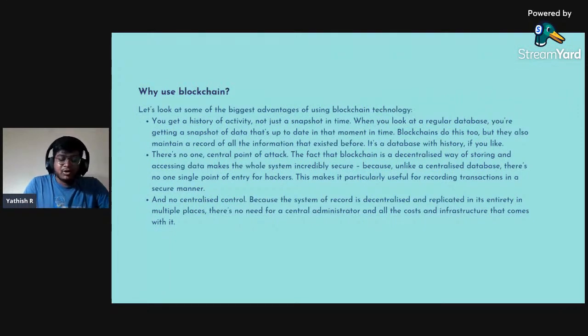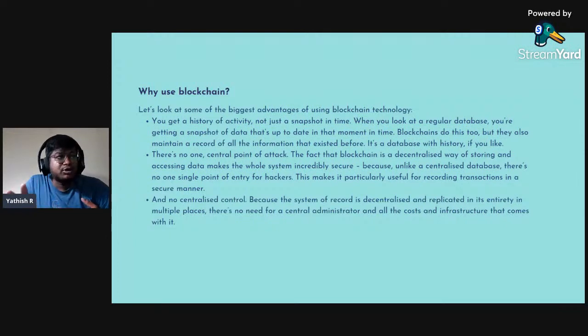There is something we call a 51% attack that happens in Bitcoin, which means that whoever is trying to take over the network should be able to control 51% of the network. Now imagine 51% of the entire network. I'm not even talking about 1%, 2%, but 51%. Just imagine the amount of electricity, computing power and energy required to get that entire 51% of the network into his control.